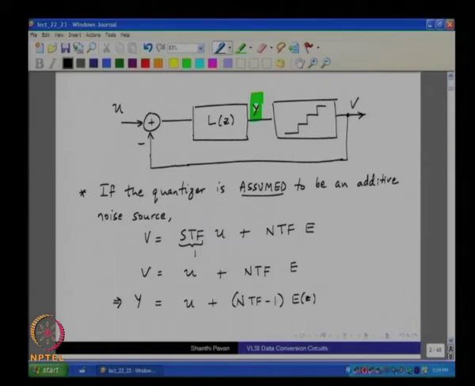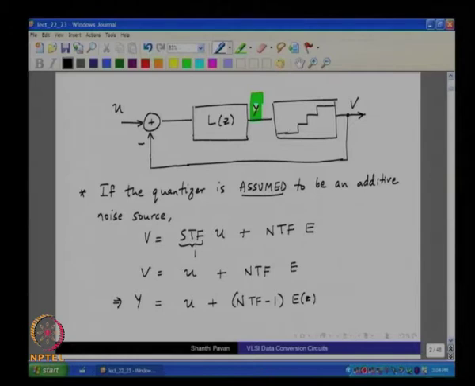In the last class we were wondering, of course this is all nice if the quantizer is indeed an additive noise source. However, a practical quantizer, apart from being horribly nonlinear, also will have saturation. If you go on increasing the analog input, the output is not going to keep increasing.